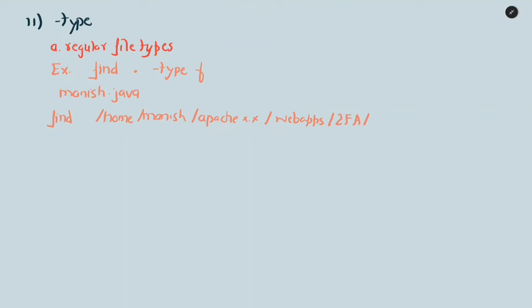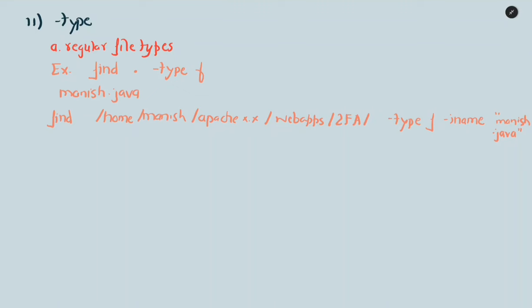And in this directory I want to find this particular file manish.java. So I will write type f for regular files, iname I will use here, iname manish.java.